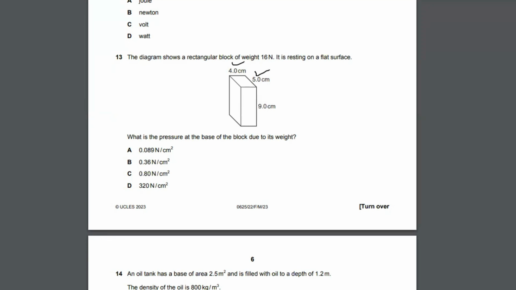And why am I not taking the height of the object into account? It is because pressure is equal to force per unit area. It only deals with the area on which the force is acting. So in this case, the area is the base, which is 4 times 5. The weight is 16, so I will divide 16 by 20.